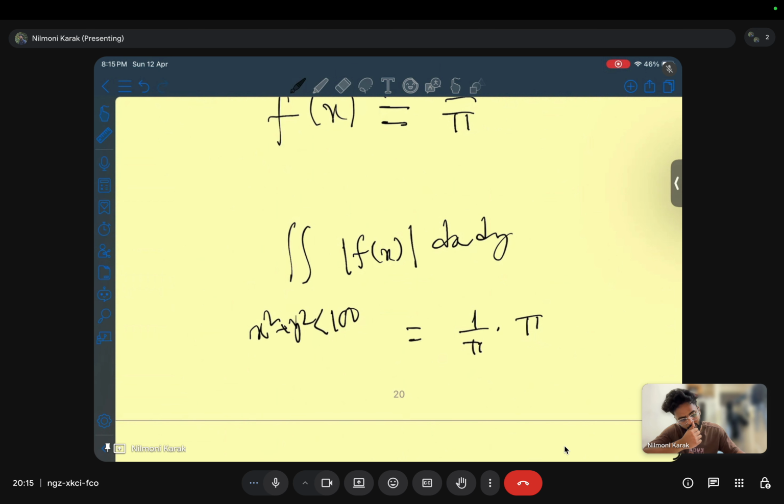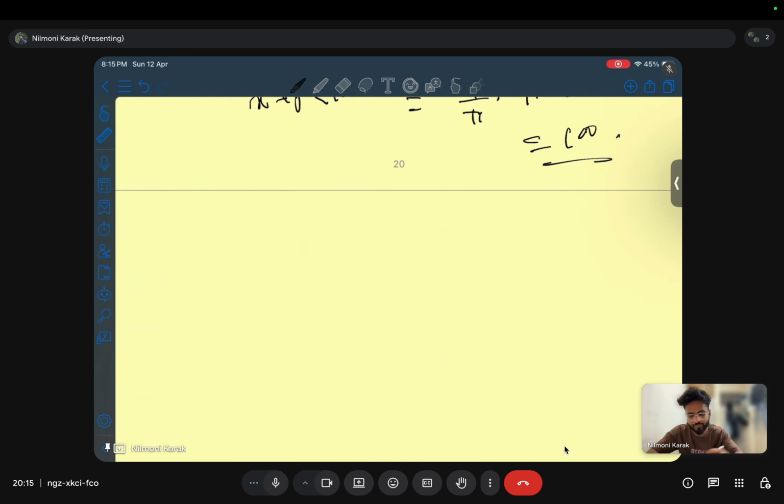So pi into r square, so pi into 100. Answer is 100. Okay.